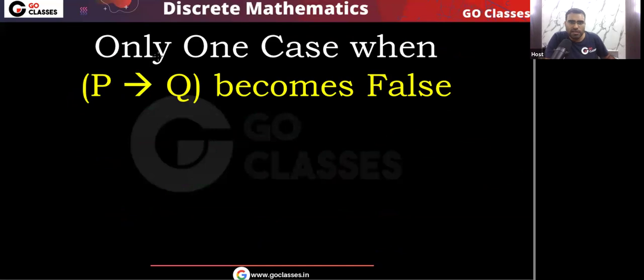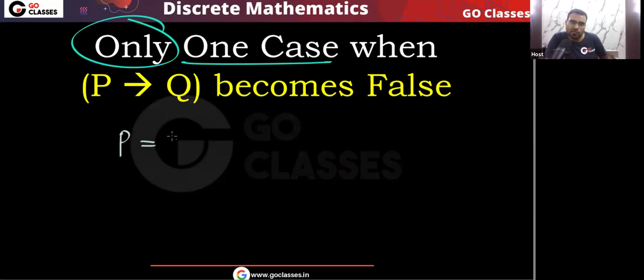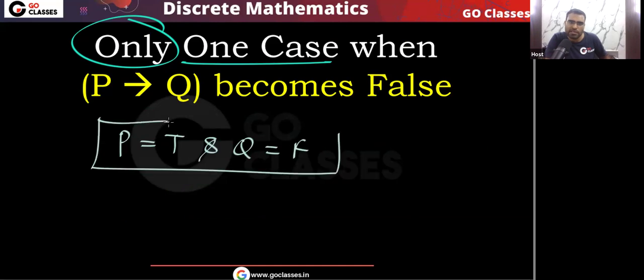Now let's see. There is only one case when P implies Q will become false. Do you agree with me? And what is that case? That is when P is true and Q is false. This is the only case where P implies Q will become false.